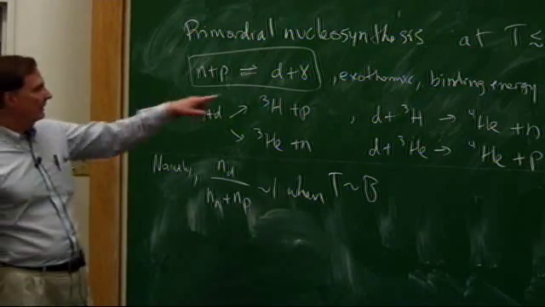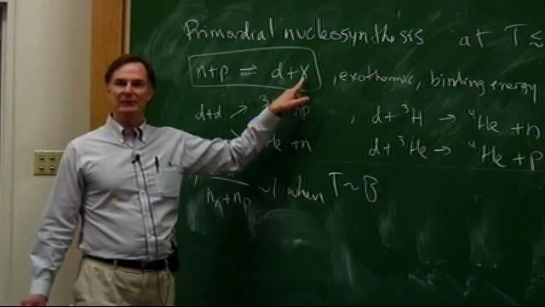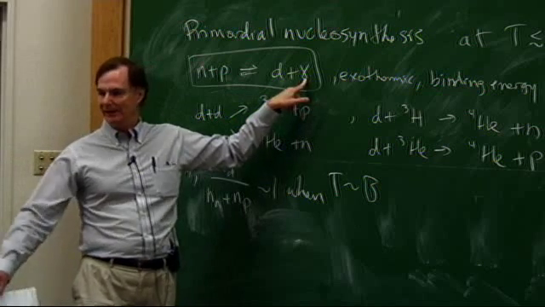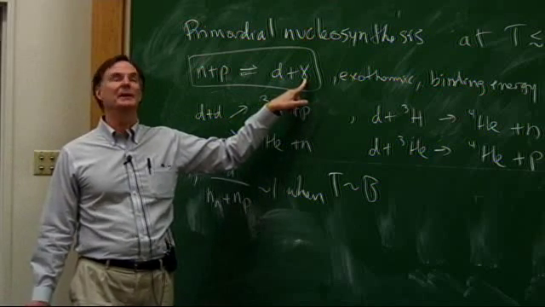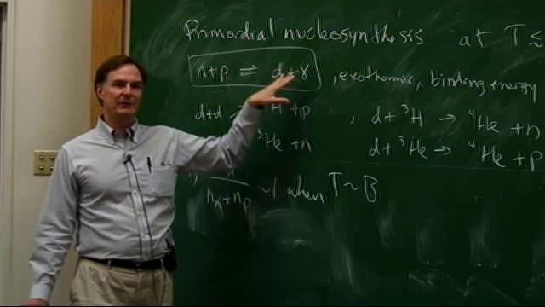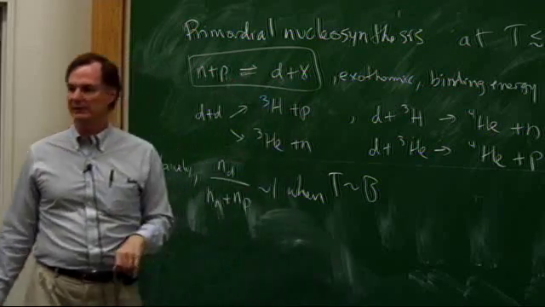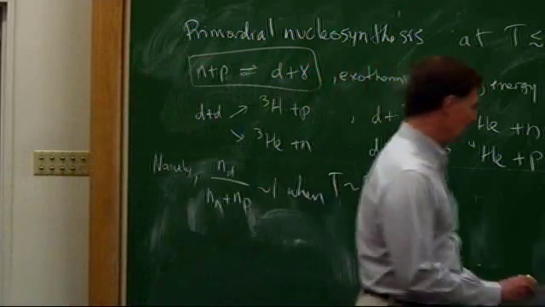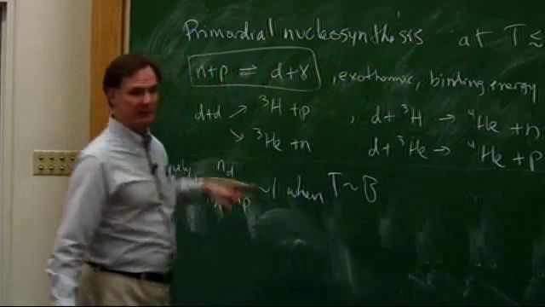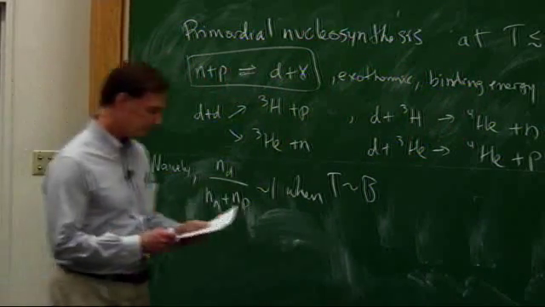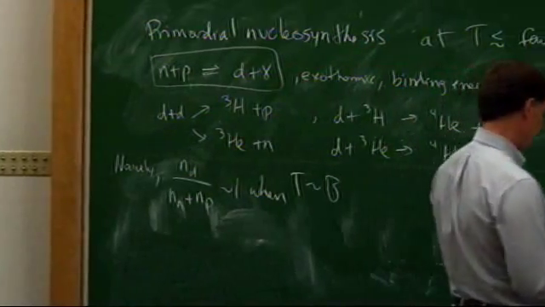So even the photons in the tiny Wien tail, 10 to the minus 9 of the photons, not 10 to the minus 9 by number, but a tiny fraction of the photons, can make the reaction go the other way to destroy deuterium. So this reaction remains in chemical equilibrium to quite low temperatures, much less than 2 MeV.